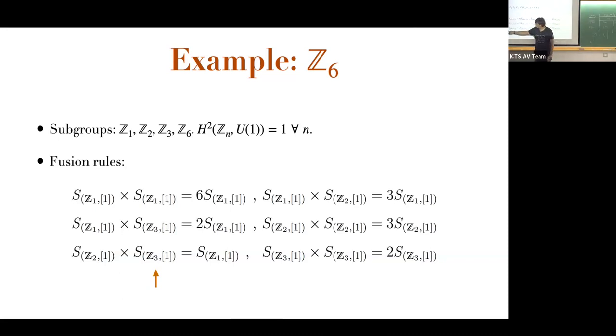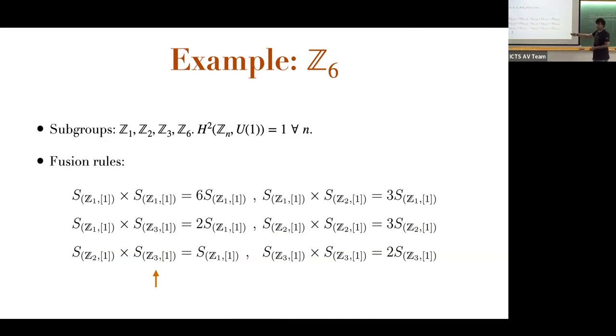So if you take a fusion of these two surfaces labeled by Z2 and Z3, the outcome is Z1, and there's only a unique outcome. In all of these other cases, you had multiple surface operators appearing. This is the unique surface operator appearing in the fusion. So this is like a group multiplication in some sense, at the level of just this fusion. This is capturing the fact that this group is a direct product of Z2 and Z3.